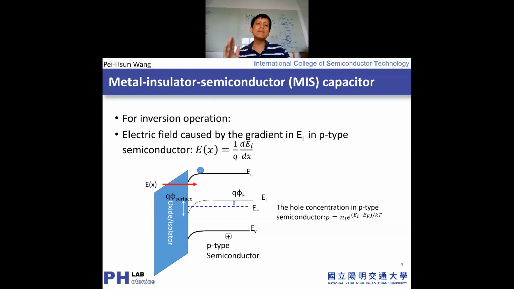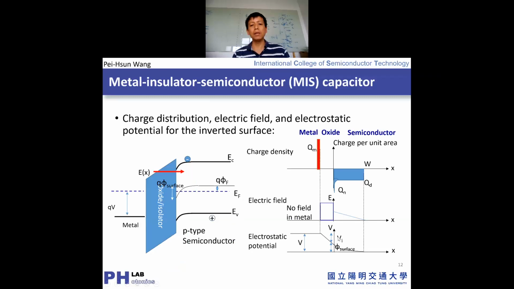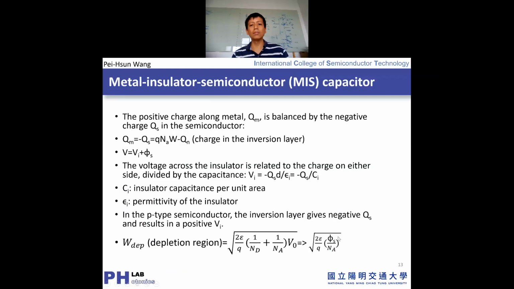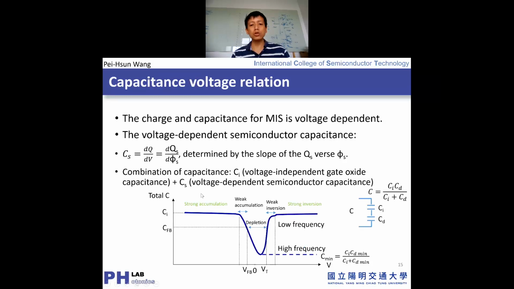Okay, so if you modulate it really small, what happens here is that this capacitance will be determined by the semiconductor capacitance. So you get the capacitance induced by depletion charge QD. Okay, so you can consider that the depletion area.